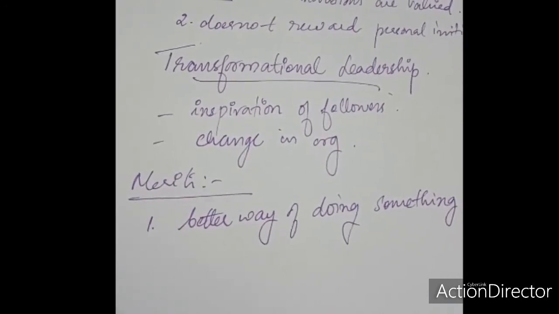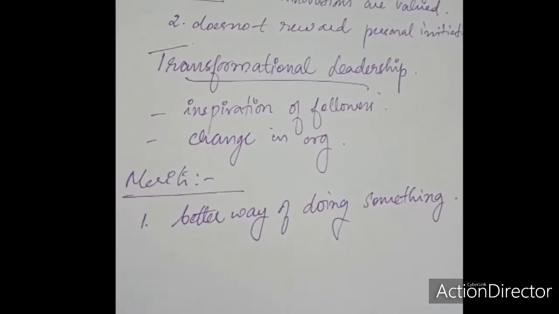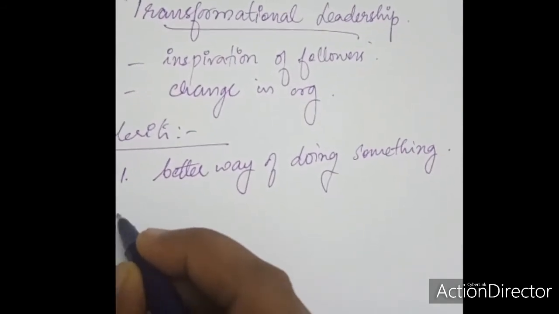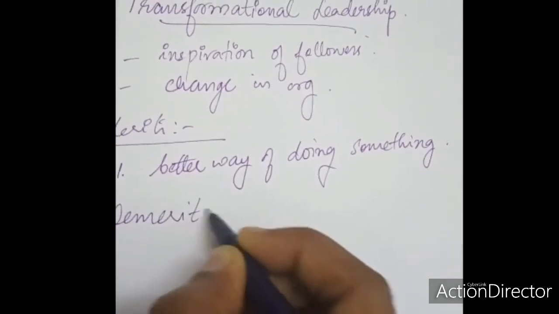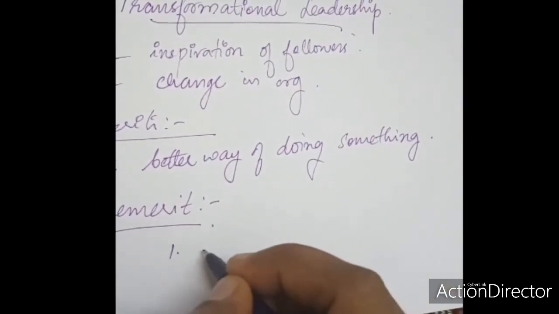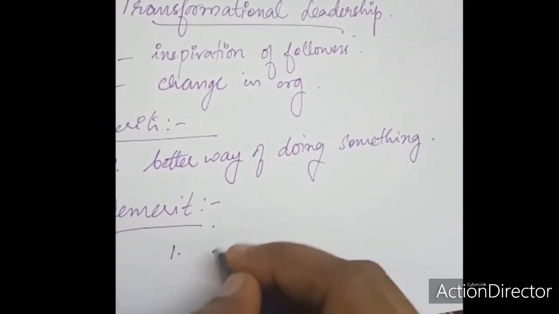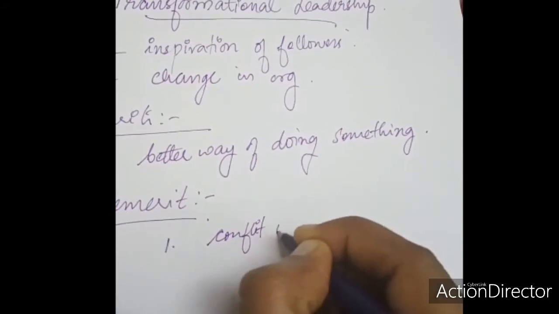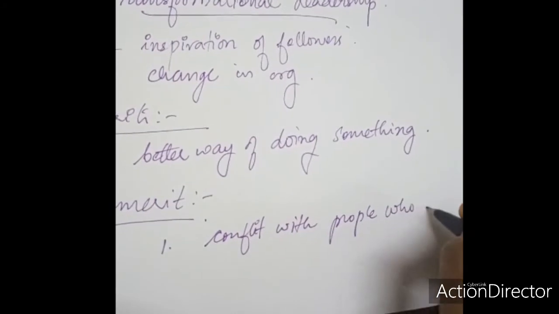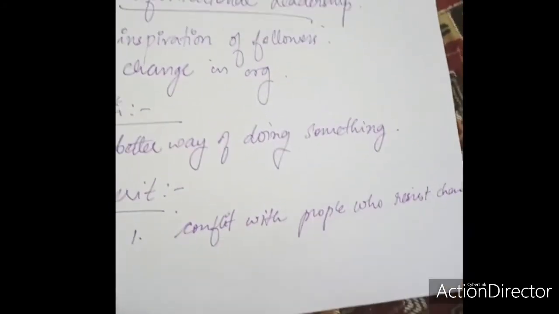And the demerit of transformational leadership is that it might conflict with people who resist change. That is, there are some people who always go in a specified direction, specified route.